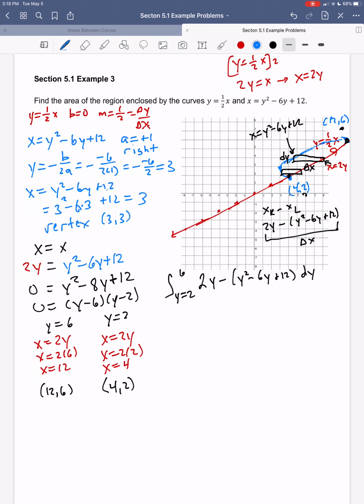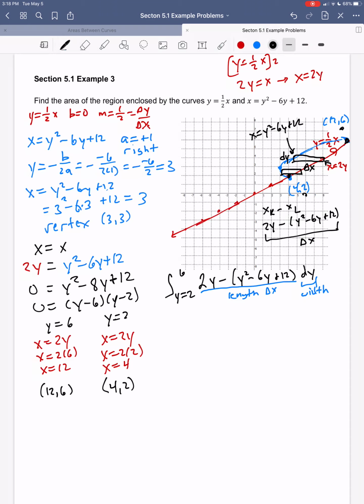So again, this is my length, which is delta x, and this is my width. Okay, the length is this x length. It's from one x coordinate to another x coordinate, so I subtract the x coordinates. X is expressed in terms of y.